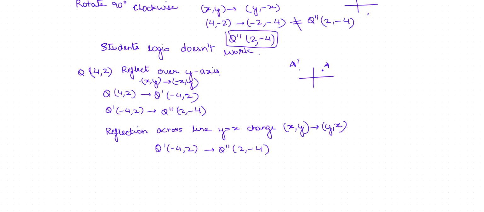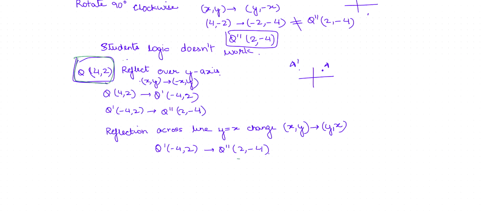Reflection across the line y = x is (x, y) changes to (y, x). So that would bring (-4, 2) to (2, -4). So for the point Q (4, 2), we have to make a transformation such that it lands at (2, -4).